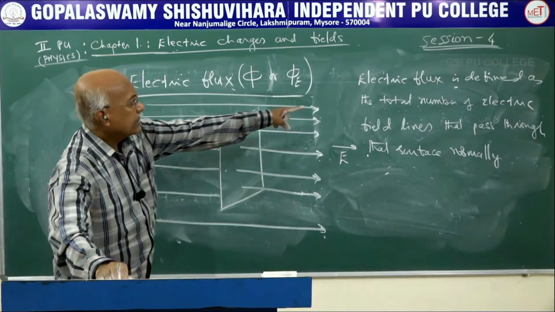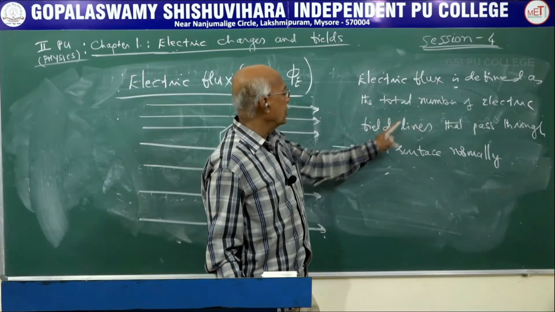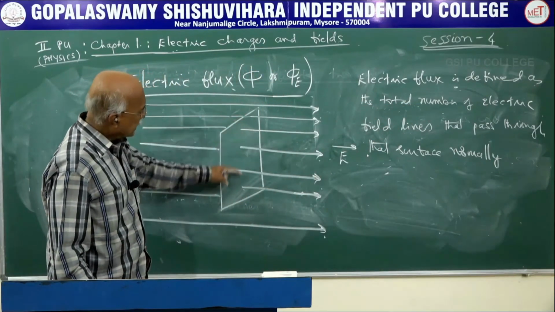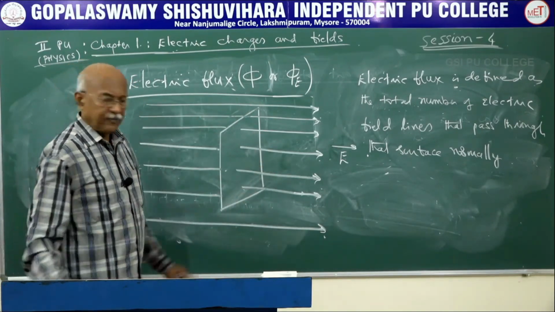How many electric field lines are passing through this area is called the electric flux.